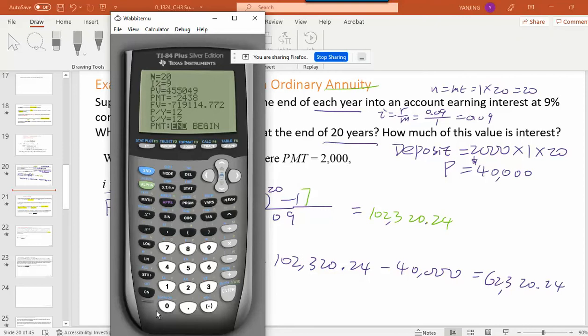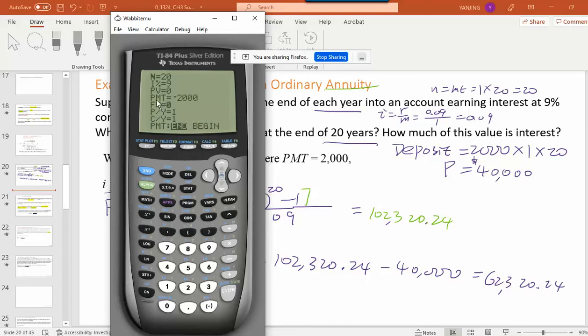Okay, present value, you don't have anything right now, and the payment, you use negative 2,000. Okay, future value, we're going to clear that because we're going to come back to find the future value. So your payment per year, you pay only 1 time a year, and you also compound 1 time a year. The payment at the end is the ordinary annuity. The beginning is called annuity due, but our book always uses the ordinary, so leave that one at the end.